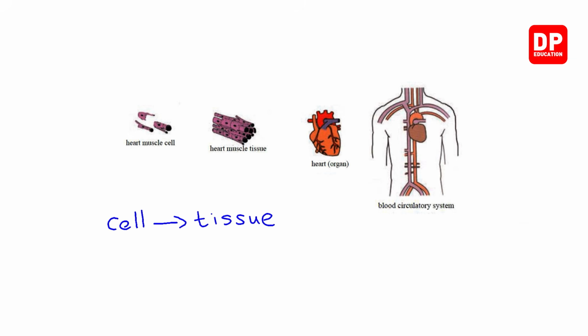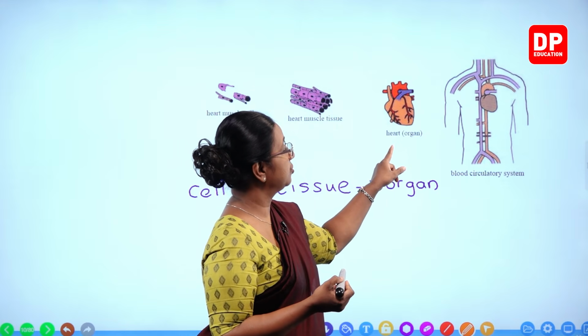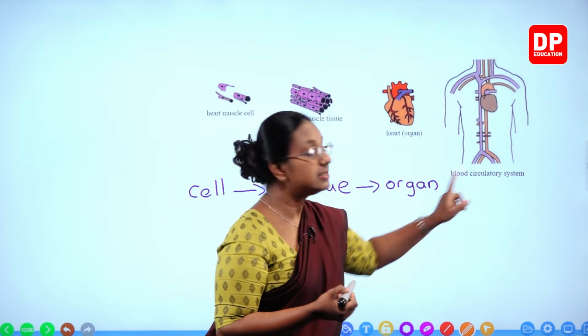Then when there are different tissues together, you get the organ. You can see here the organ. Now this is made up of muscle tissues, nerve tissues, blood tissue. All that together gives rise to an organ. And a lot of organs together form a system.